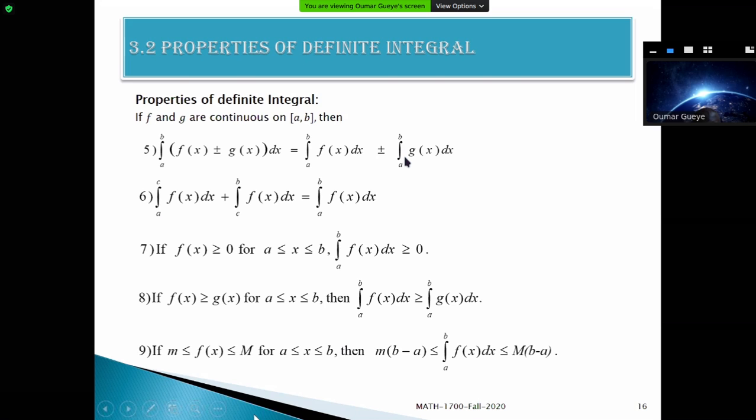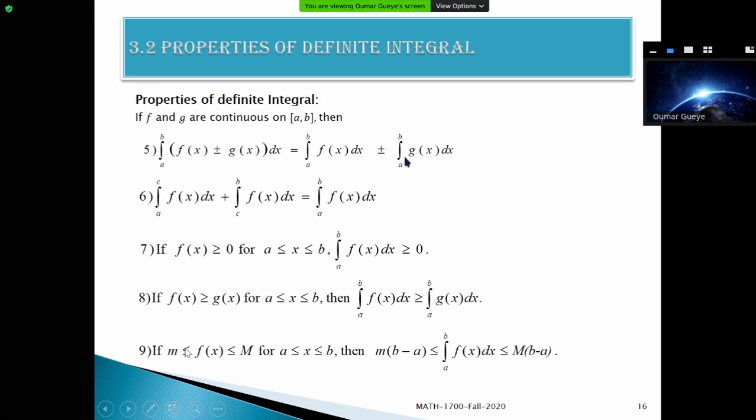And if, for example, now you have f of x which is between m and capital M for all x belonging to the interval [a, b]. So capital M, for example, could be the maximum value. You have seen how to find the maximum value in 1500. And the small m could be the minimum value.